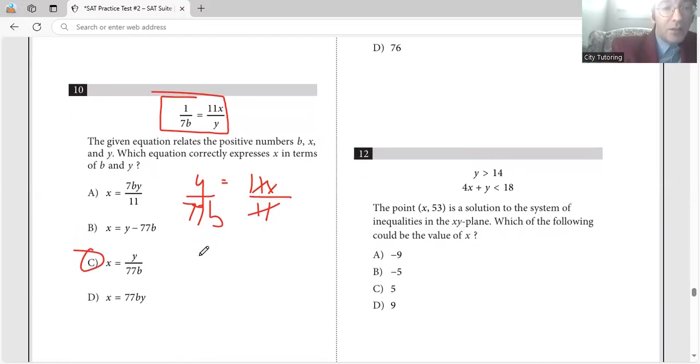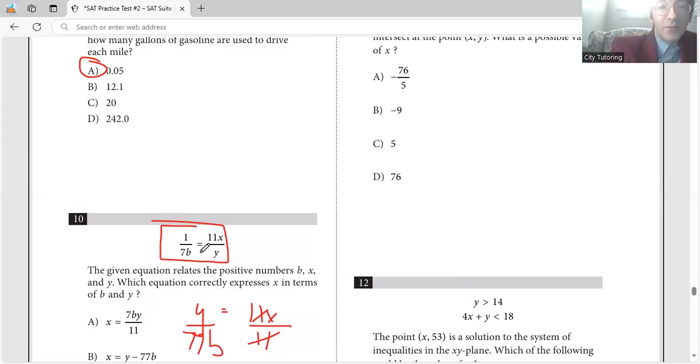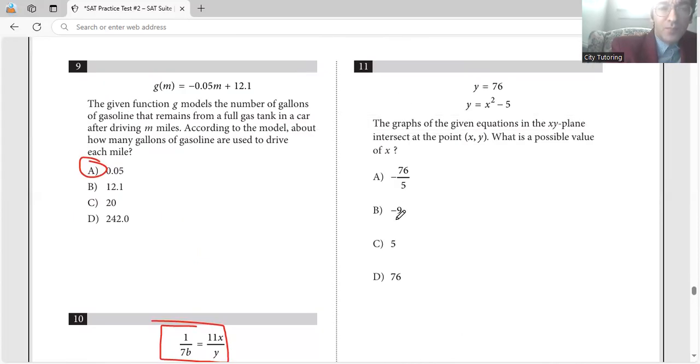And I mean, the easiest way. That's what I'm trying to say. All right, 11. The graphs of the given equations intersect. What is a possible value of x? Well, they already told you that y is 76, so that's 76 equals x squared minus 5.